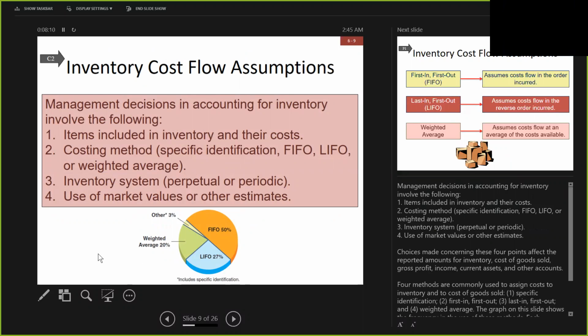So management's decisions in accounting for inventory involve items included in inventory and how much they cost. They're going to pick a costing method, whether it be FIFO, LIFO, weighted average, or specific identification. They're also going to pick an inventory system, whether it's going to be a perpetual system or a periodic system. And then the use of market values or another form of estimates.